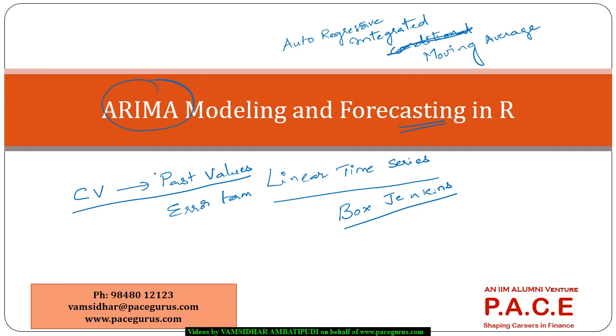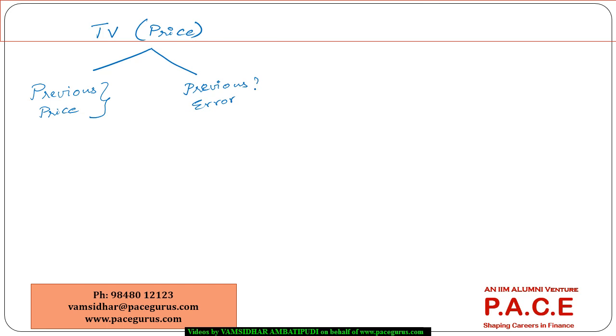So basically, today's value, let's say today's price, should be dependent on the previous prices, yesterday's price, last month's price, like that, or the previous error terms. When I say error terms, it is the difference between the predicted value and the actual values of the past. So that is what we are calling the error term.